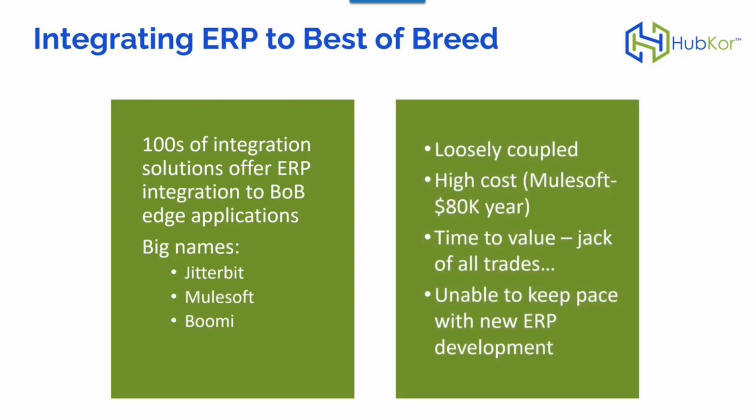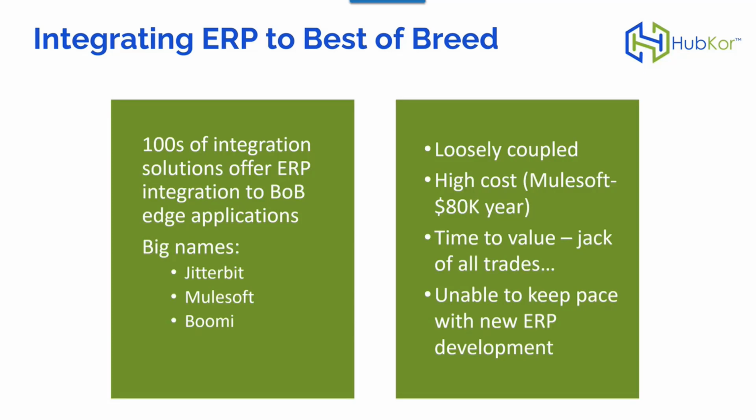What is the downside to those big names? Well, at the ERP side of things, they're loosely coupled, right? They don't have expertise. How could they? How could they have deep expertise of Visual, SyteLine, M3, LN, Cloud Suite Distribution, Epicor, NetSuite? There's too many of them. So they really only have a loosely coupled connection back at the ERP side of it. They're very expensive, and I've given you the MuleSoft base price there.